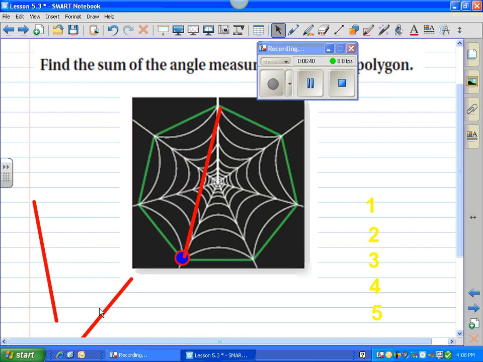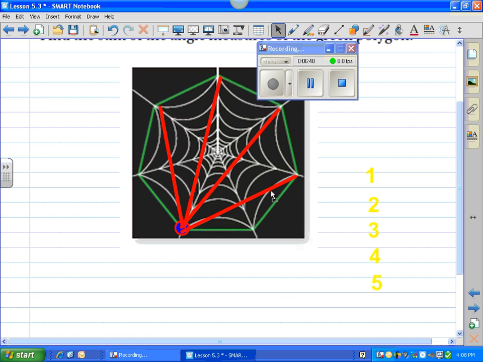I'm going to start drawing my line segments. Notice my line segments do not intersect or touch each other. Now you should be able to see that I have a total of 5 triangles inside this polygon.